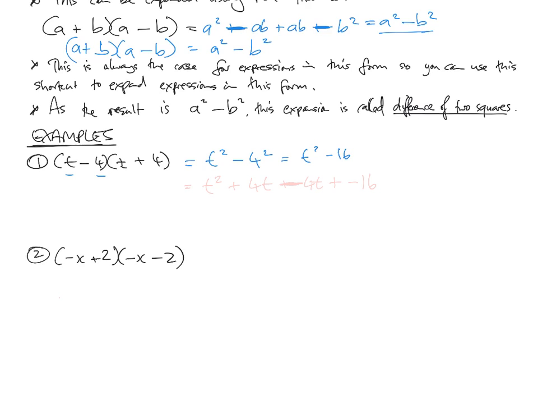So it's going to be t squared plus 4t, take 4t, that cancels out, take 16, which you can see is the same as that.